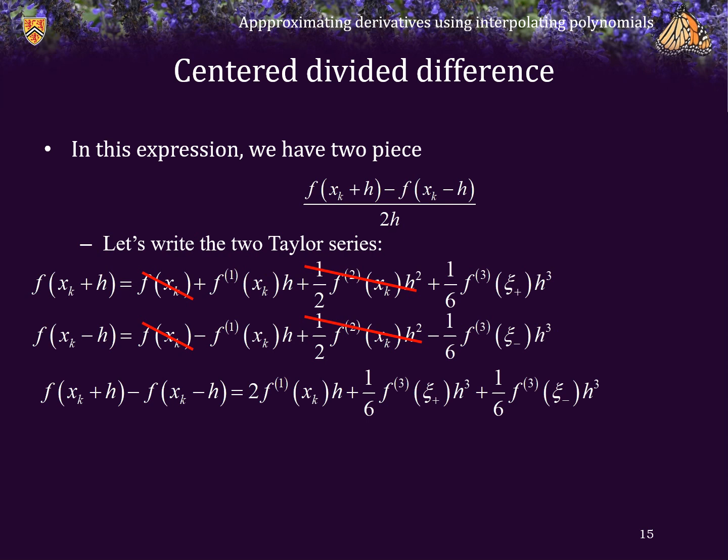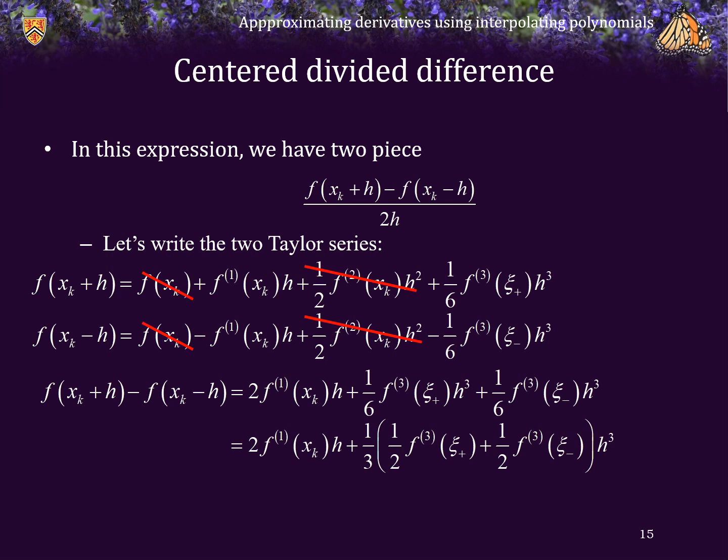Now, on the right-hand side, let us factor out a third from the two h cubed terms. So we factor out a third, and then the h cubed comes out as well. And you'll notice what's left is a weighted average of the third derivative.